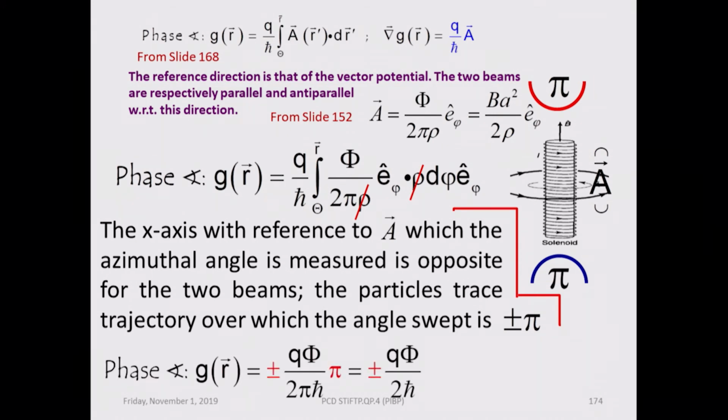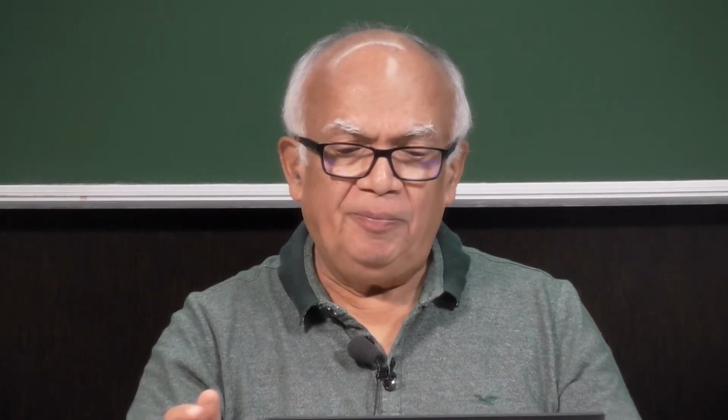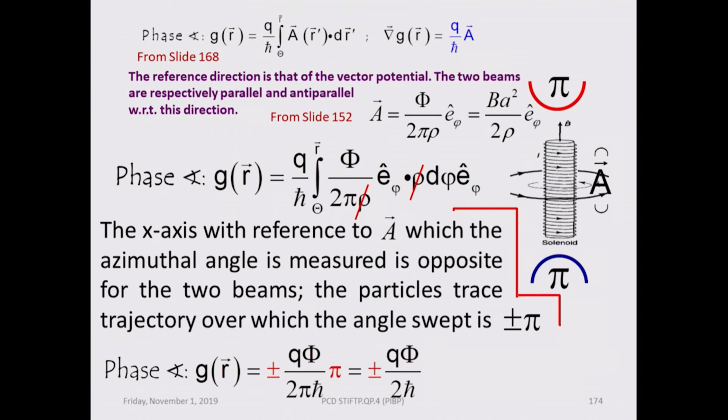So, now this Aharonov-Bohm phase turns out to be q phi over 2 pi h cross, which is coming from the constants in that integration, and plus or minus pi, which comes from the half integration over the semicircle over which the particles interact with the vector potential, and that is plus or minus q phi over 2 h cross, right.